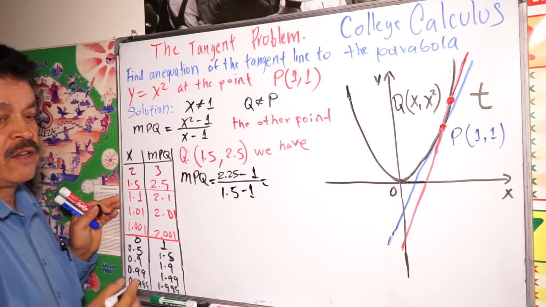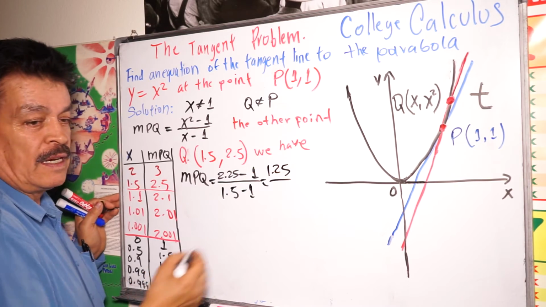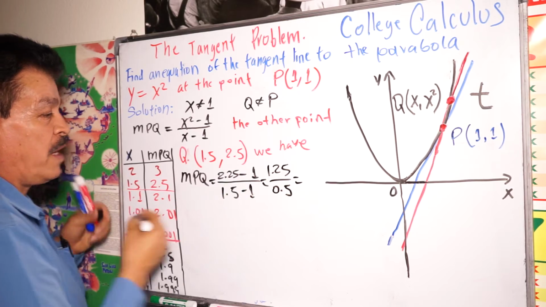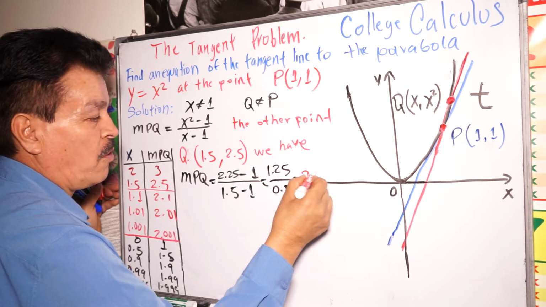This is going to be 1.25, divided by 0.5, and this is going to be equal to 2.5.